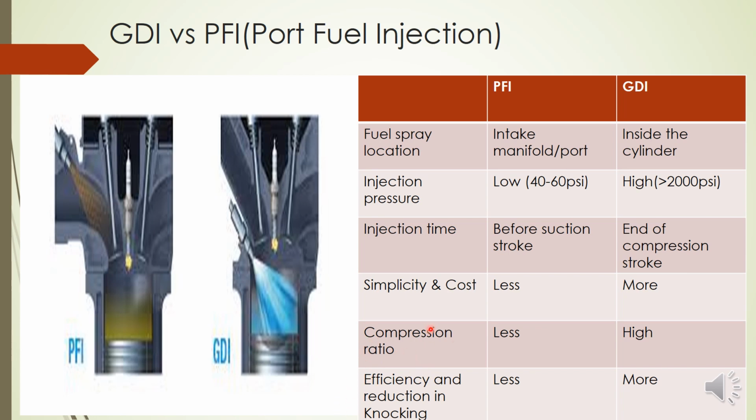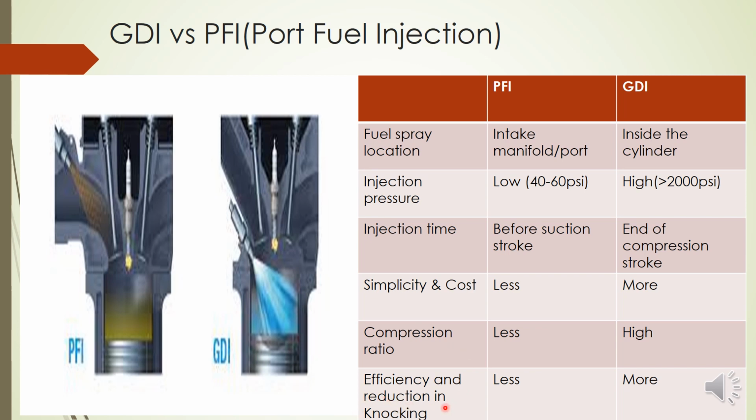And another point is in a GDI engine we can use a high compression ratio. Why? Why is the compression ratio of a petrol engine limited? We have discussed this. Because of knocking: in a petrol engine if we use a high compression ratio, efficiency will be more, but the chance of knocking increases. But in a GDI engine we are a stratified charge engine, we are using a lean mixture overall, so the knocking chances are reduced.